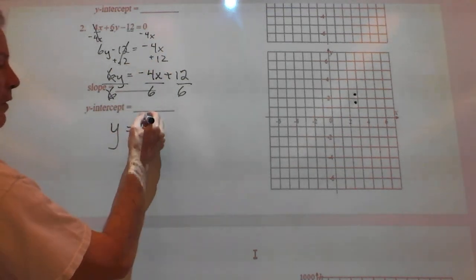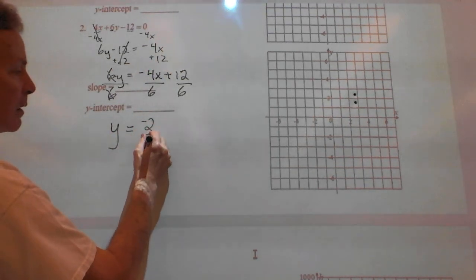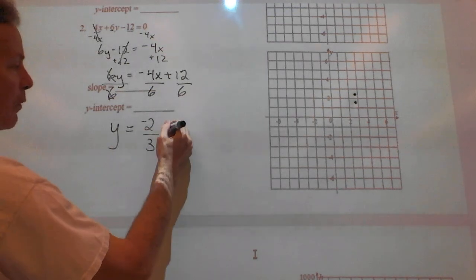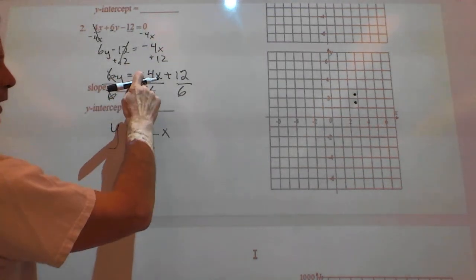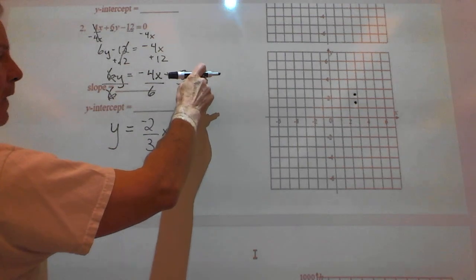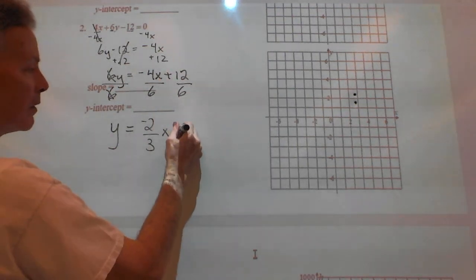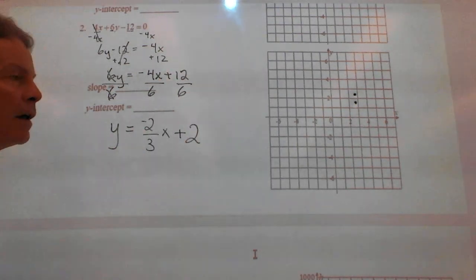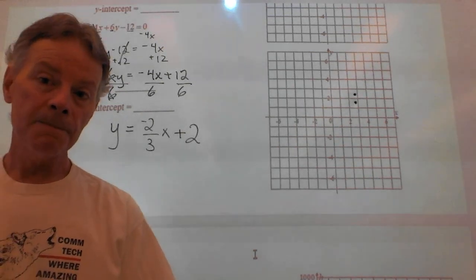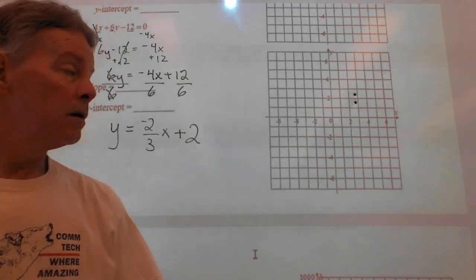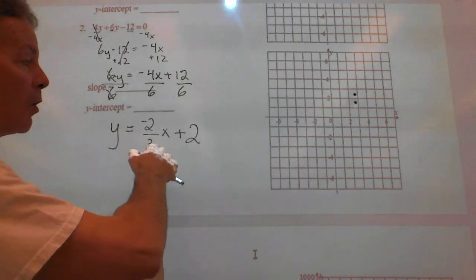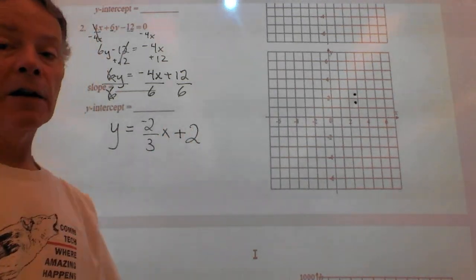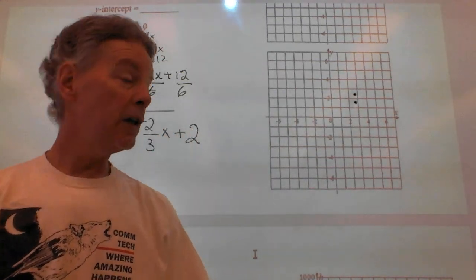Negative 4 over 6, we could write that more simply as negative 2 over 3x, right? Common factor of 2. And then finally, 12 over 6 is positive 2. Okay? Now, we now have the slope, we have the y-intercept, we have what we need.